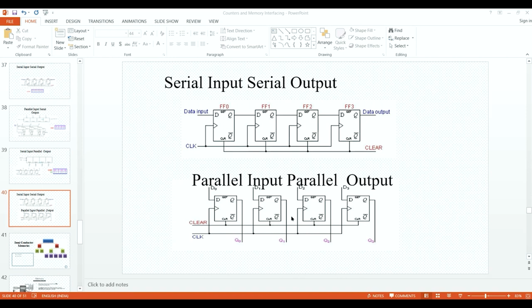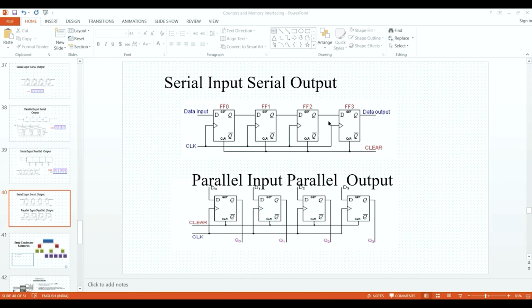So parallel input, parallel output is a fast mode of operation as compared to serial input, serial output. And if you use LAN for transfer of data, you might write in the comment box how many of you use this mode of operation for transfer of data using LAN.